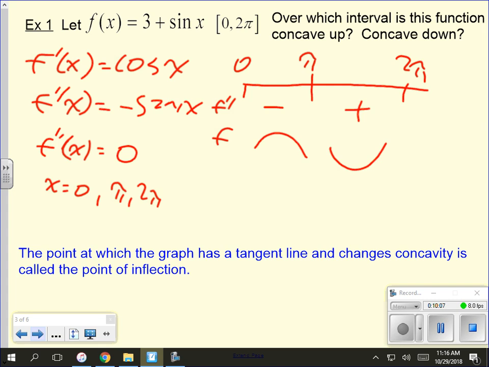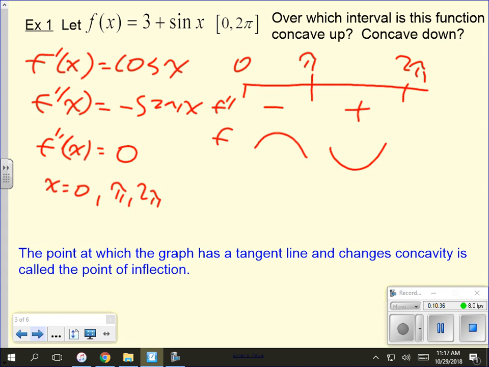Okay. Now, the point at which the graph has a tangent line and changes concavity is called the point of inflection. Your point of inflection, your PI, is where concavity changes. But it has to have a tangent line. It can kind of be a place where the second derivative doesn't exist.